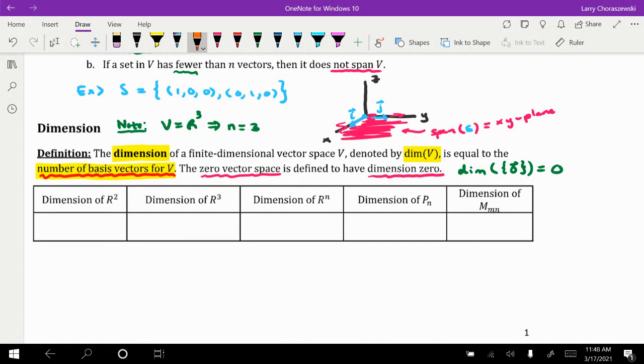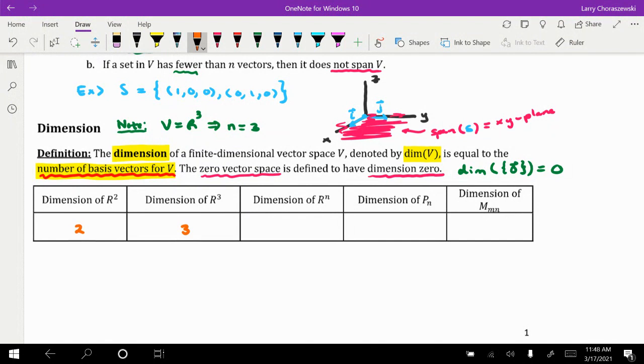Now we looked at the standard bases for a few vector spaces. The first one was for R2, which consisted of I and J. Those aren't the only two basis vectors though. But regardless, no matter which basis you have for R2, there's always going to be two basis vectors. So the dimension of R2 is 2. The dimension of R3 is 3.